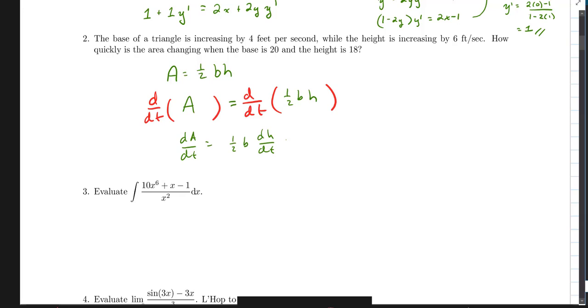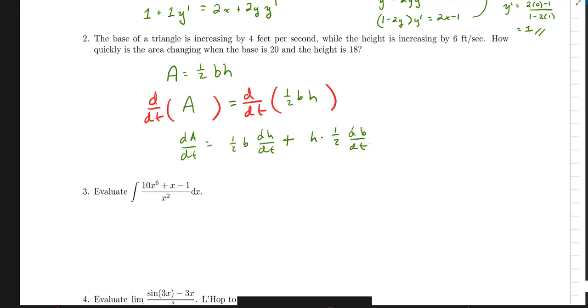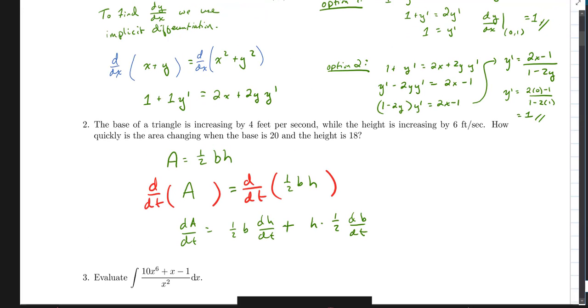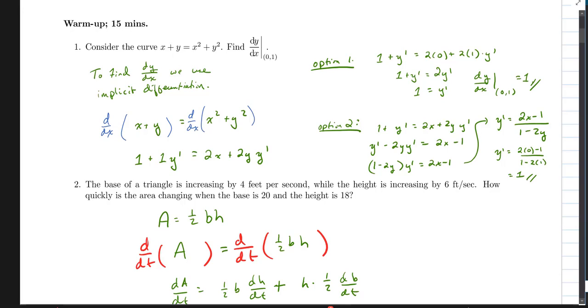I'm applying my product rule here, right? Plus h times 1/2 dB dt. Now folks, please, we've got the letters A, B, and H here, but these formulas could be far more complicated, and you're using the same implicit differentiation technique that we did in number 1 here.